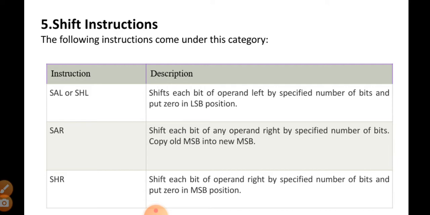So SAL shifts each bit of the operand to the left side, and in the process it puts 0 at the LSB position of the register. That is both SAL and SHL: shift each bit of the operand left by the specified number of bits and put 0 in the LSB position.